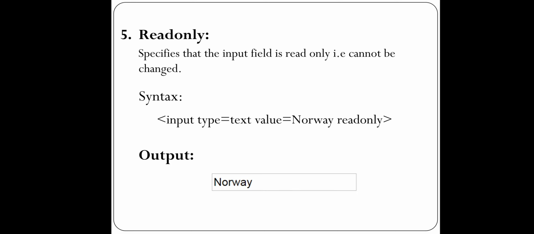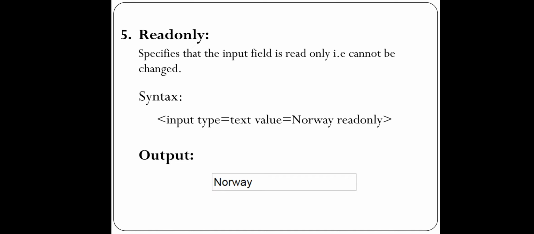So next is what? Read only. As the name suggests, you can simply read the value. You cannot make any changes in the value, right? So we will see how the syntax is. You can see input type equal to text, and in this text I am giving some value. So whenever the form loads, it will have that value in the text box.